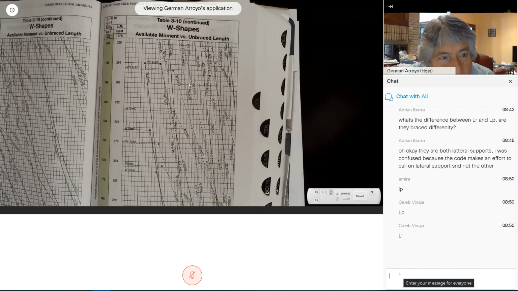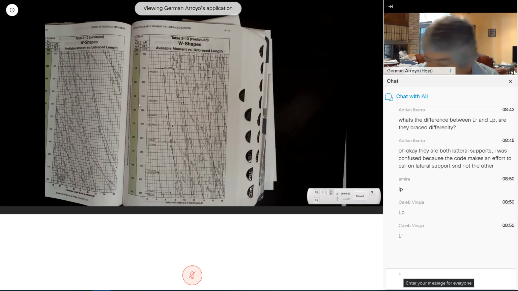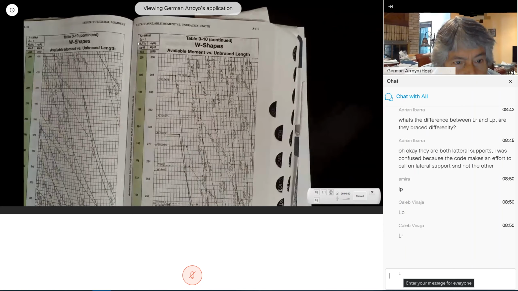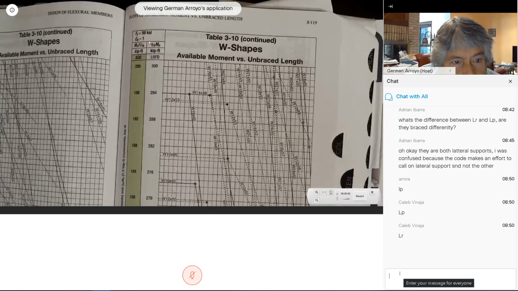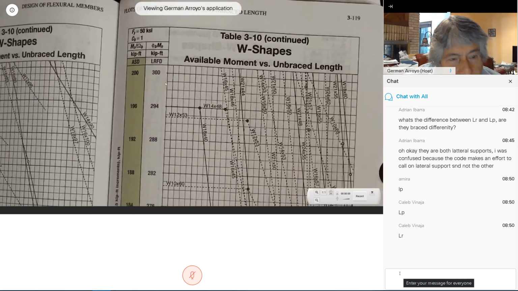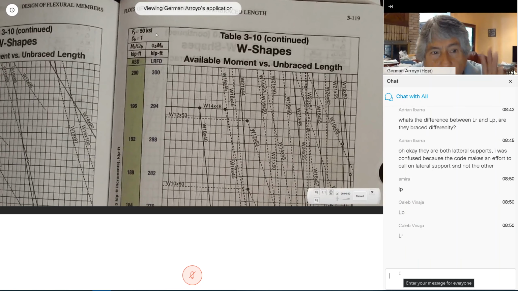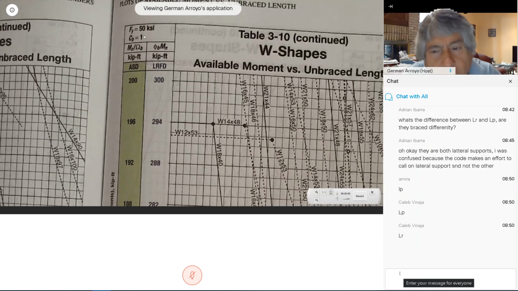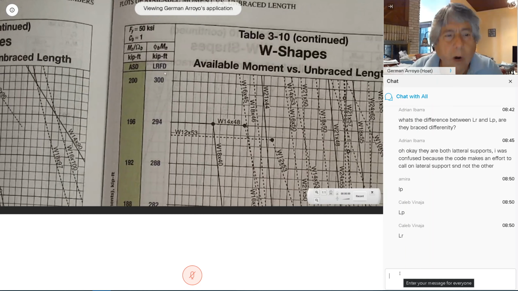And the other thing that you have to remember is that here on the top, this is for Fy equal to 50, because we have other types, this is for a W shape. But this is a very important piece of information. C sub B equal to 1. Why C sub B equal to 1? Because that is the worst condition.